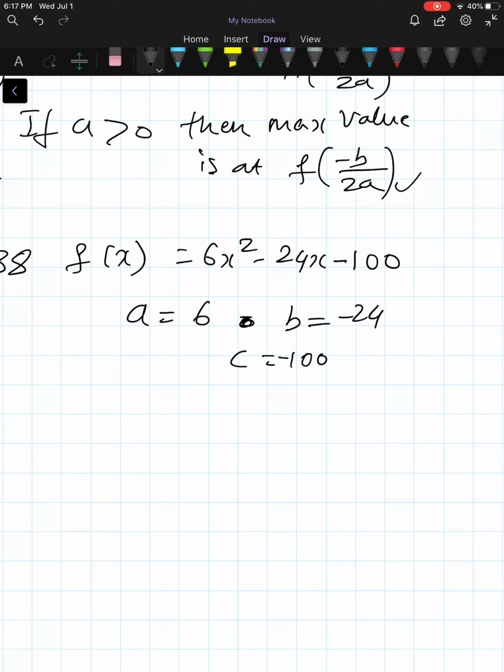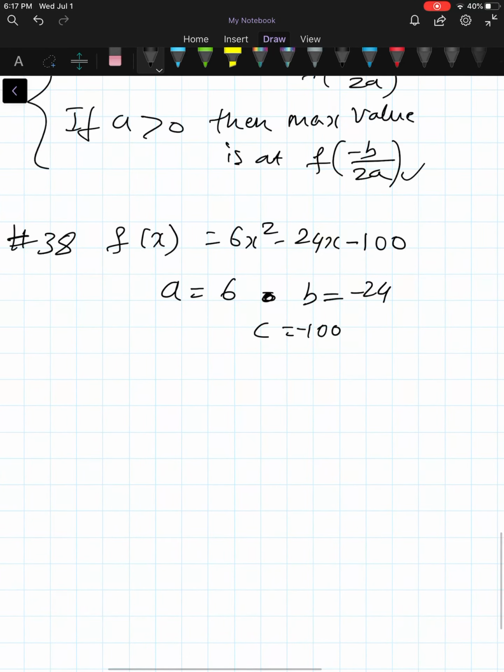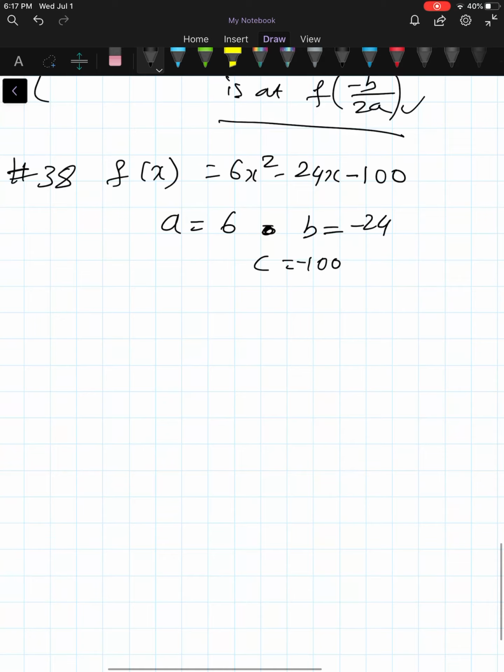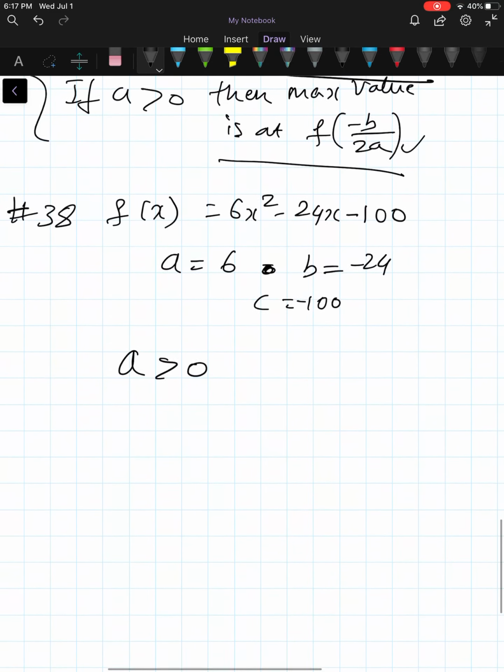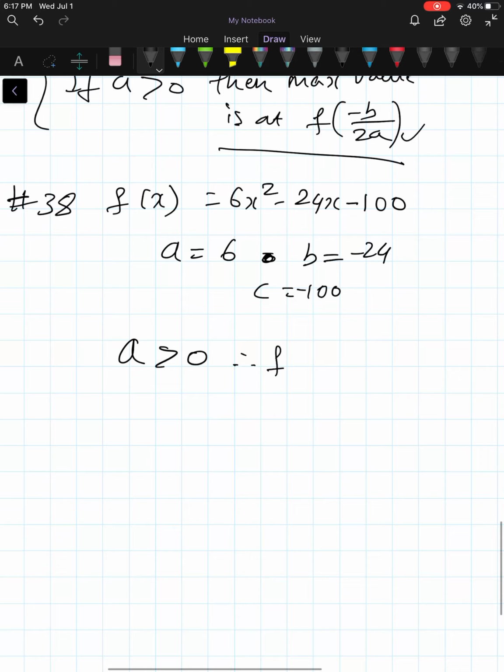Now we are asked to find the maximum or minimum value of the function. I will use this formula to find out the maximum or minimum value of the function. Here a is greater than 0.